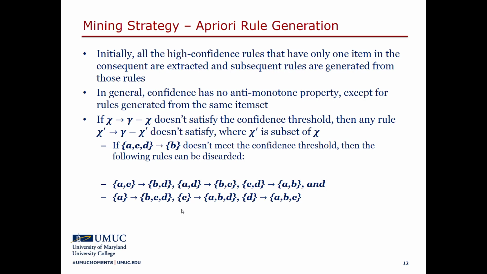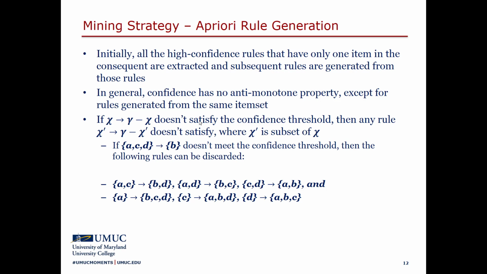That is how this strategy applies. Now, the anti-monotone property that we leverage for identifying frequent item sets to cut the search space does not in general apply to the confidence part, the rule generation part, but it applies partially to individual item sets.